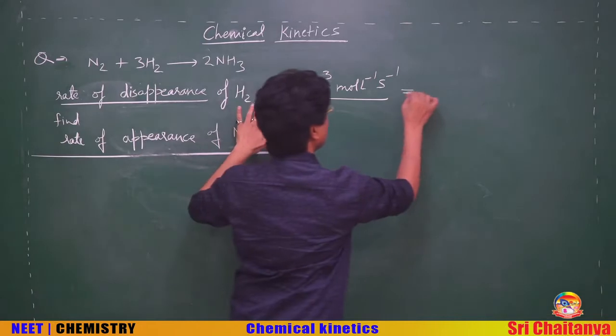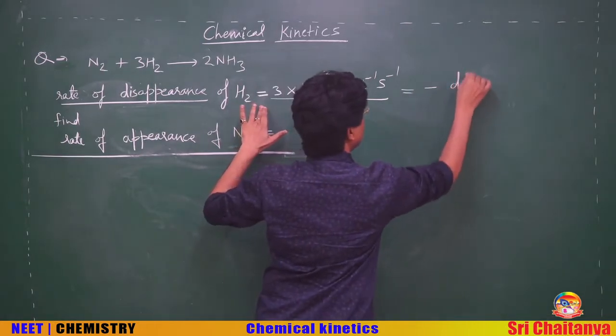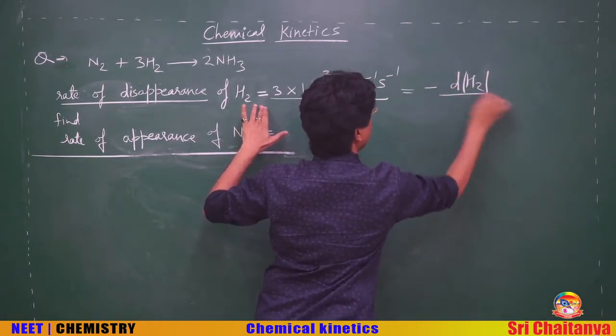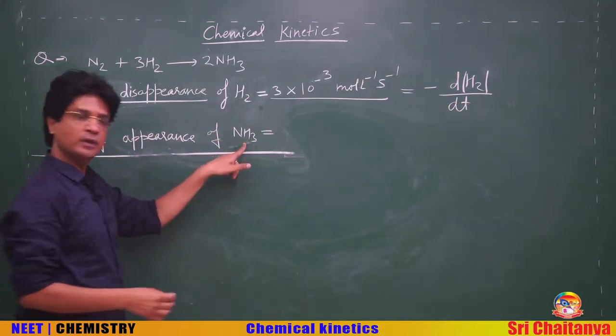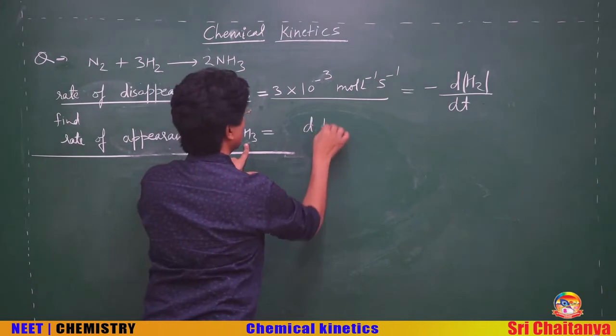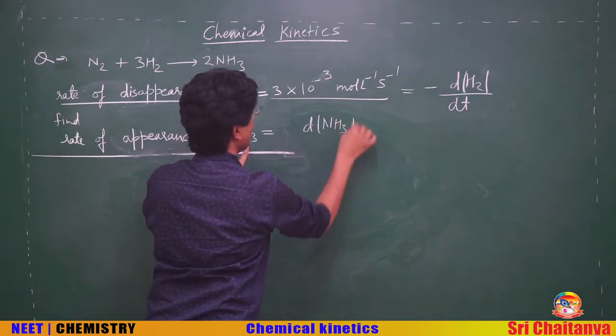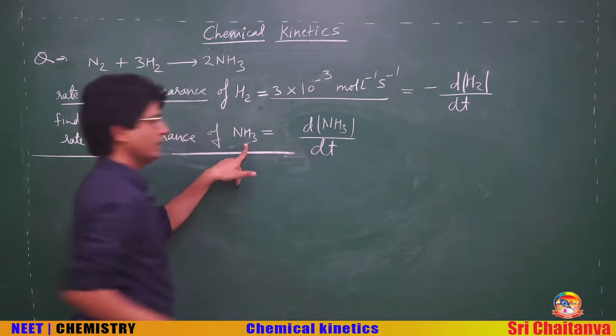It is nothing but minus of dH2 by dt. And what they are asking is the rate of appearance of ammonia. What is that? That is d[NH3], change in concentration of ammonia upon time taken.